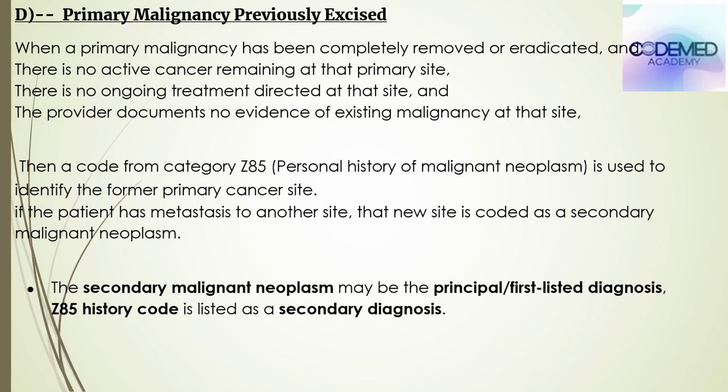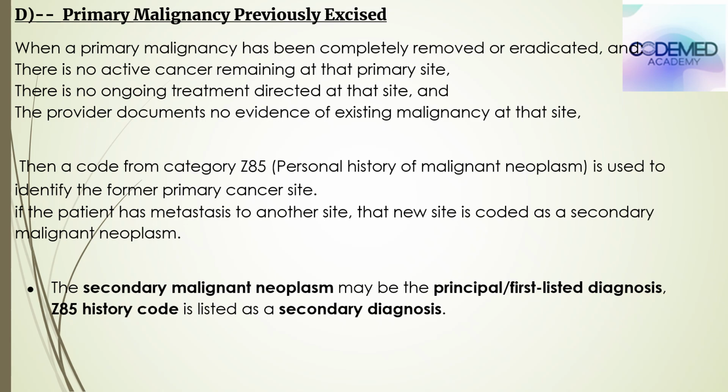If the patient has a metastasis to another site, that new site is coded as a secondary malignant neoplasm. And in this case, the secondary malignant neoplasm may be the principal or first listed diagnosis, and the Z85 history code is listed as a secondary diagnosis.